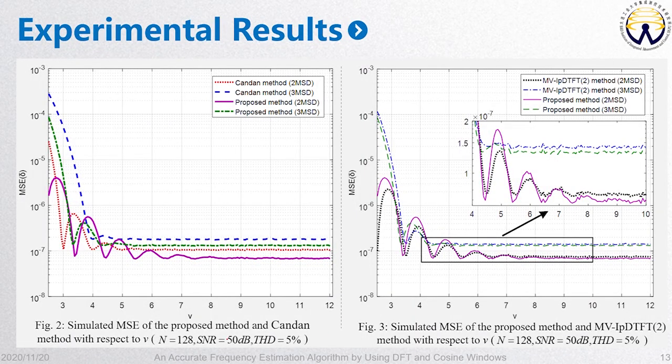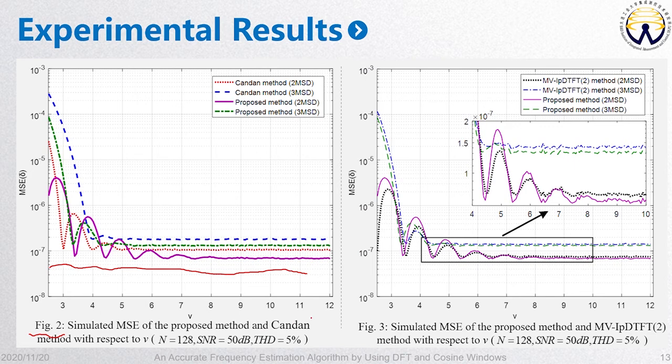The change trend of Figure 2 and Figure 1 are basically consistent. It can also be seen from Figure 1 and Figure 2 that for the same estimation algorithm, when h is smaller, the MSE is lower and the estimation performance is better.